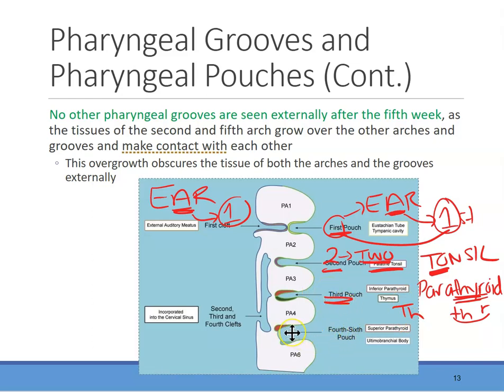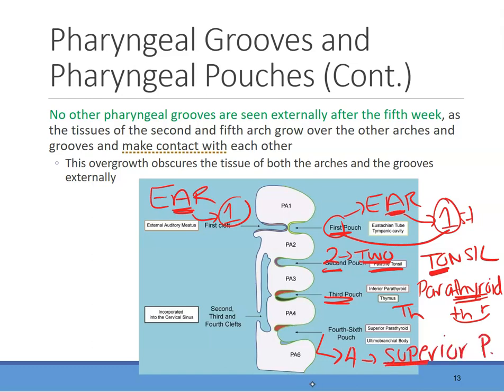Okay, but what about the fourth pouch? The fourth pouch makes the superior parathyroid gland. How can you remember that? Here's what I want you to think about, and this might seem far-fetched, but let's try. The fourth pouch makes the superior parathyroid.